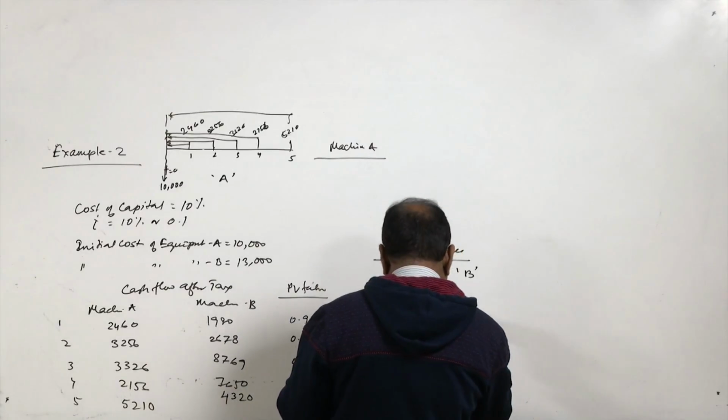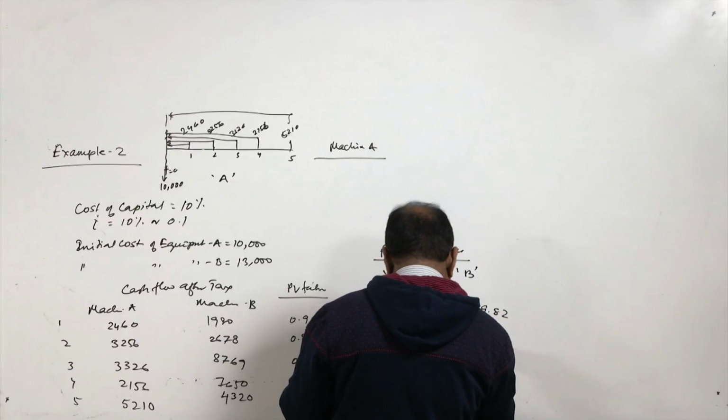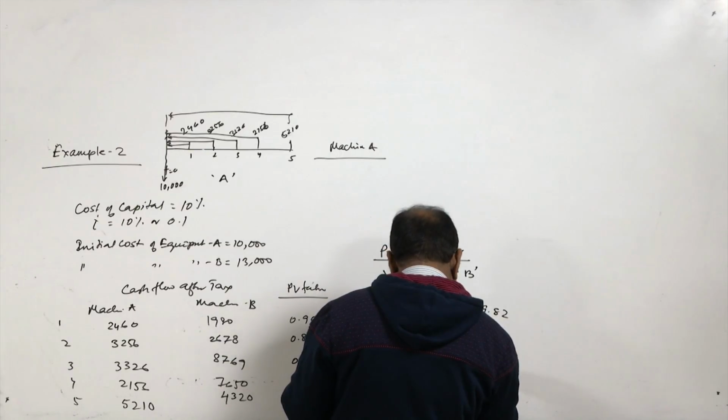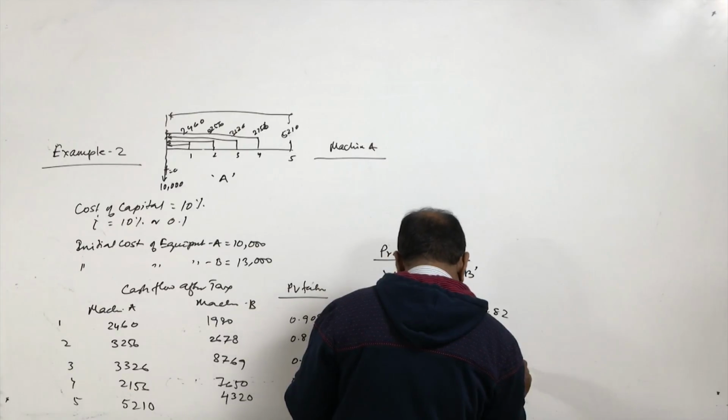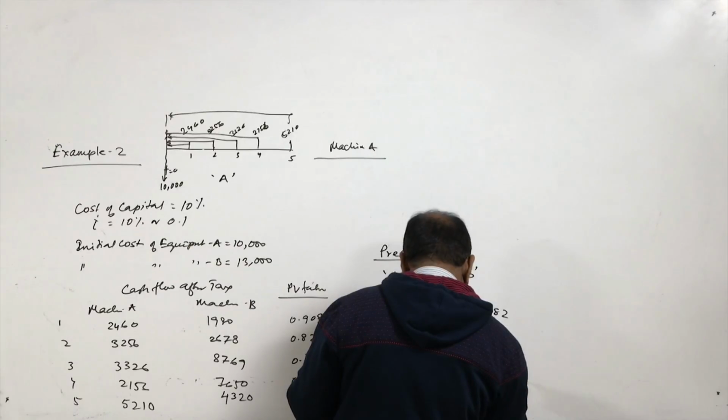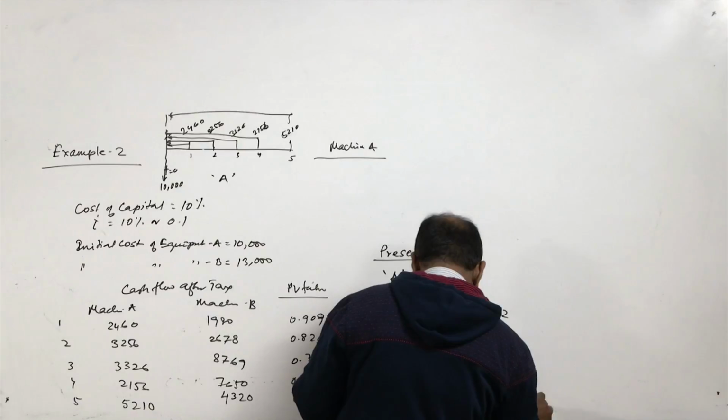Similarly, for machine B, I calculate 1799.82, 2212.02, 6585.519, 5224.95, 2682.72, and if I take the sum, this is 18,505.037.